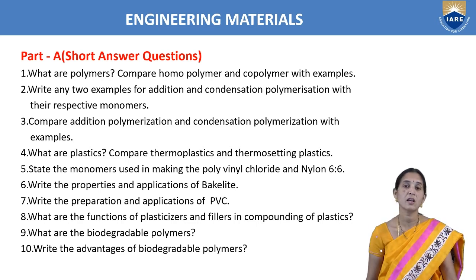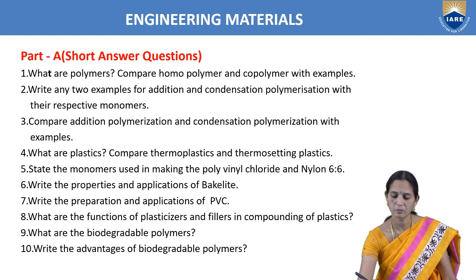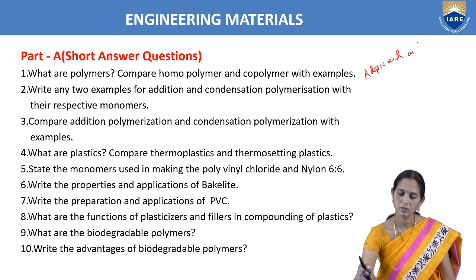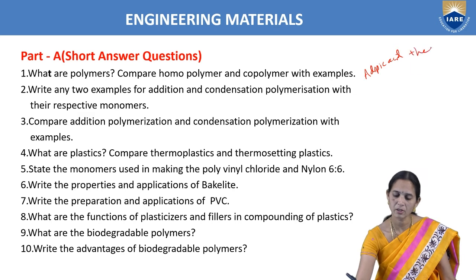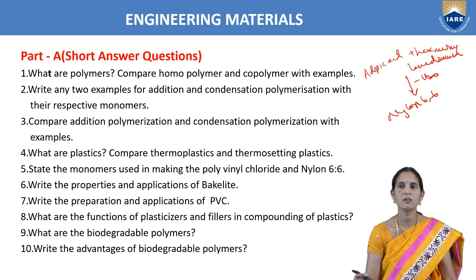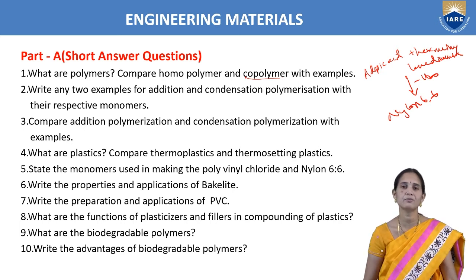So for nylon 6,6, we take 2 different monomers, adipic acid and hexamethylene diamine. So we can prepare nylon 6,6. That is a copolymer. So a copolymer is nothing but a polymer prepared by taking 2 different monomers.